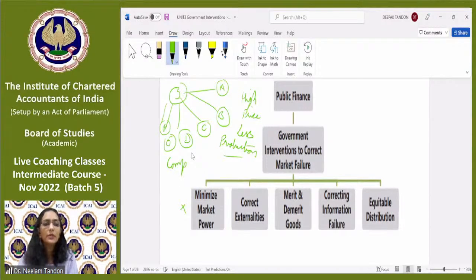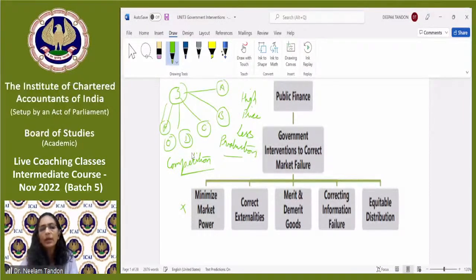So the government role here is to promote competition. Just as in the case of telecom, from BSNL to Airtel to Vodafone to Jio today, more and more competition. What was happening because of Vodafone in the market at that time? They were charging huge price.